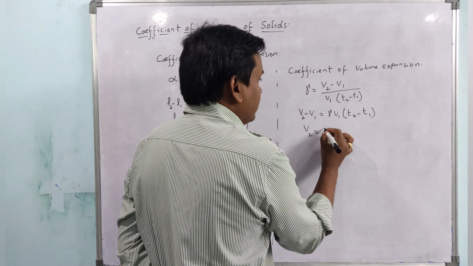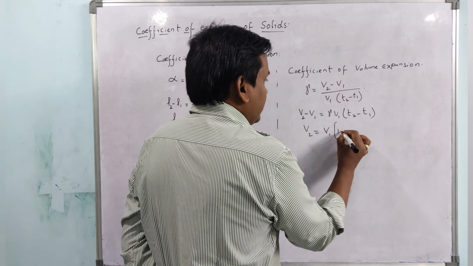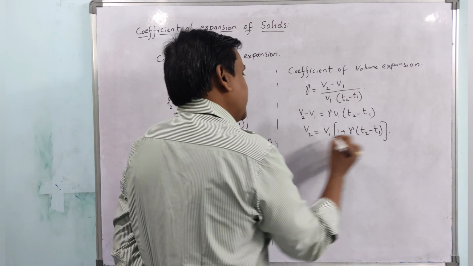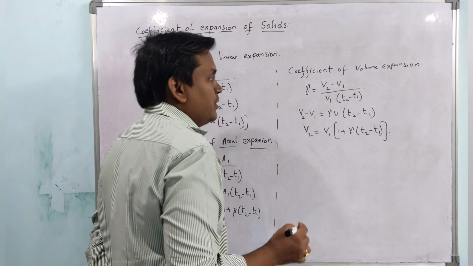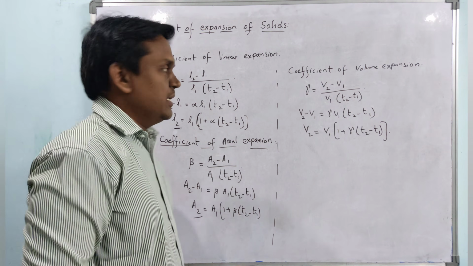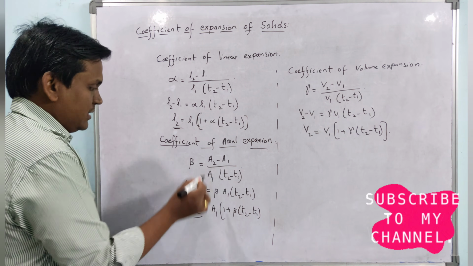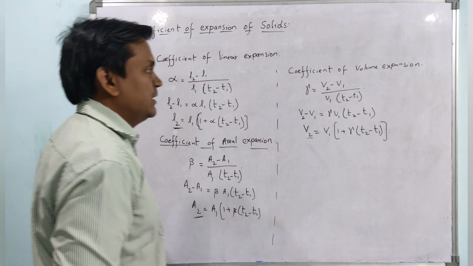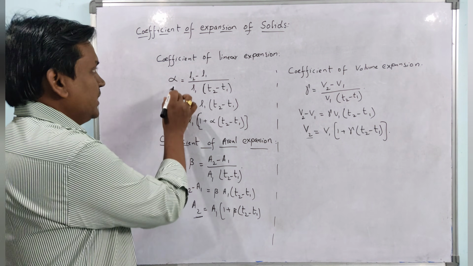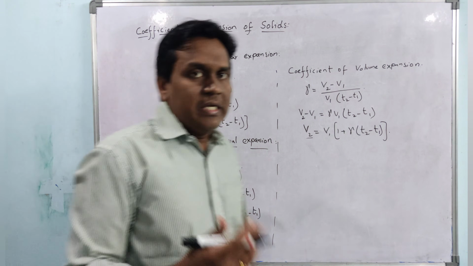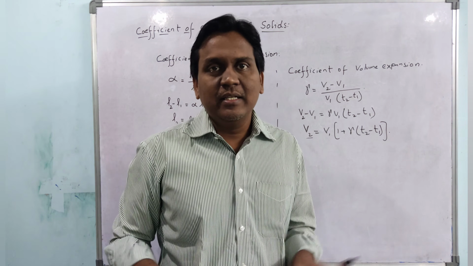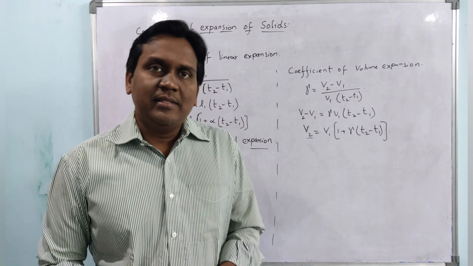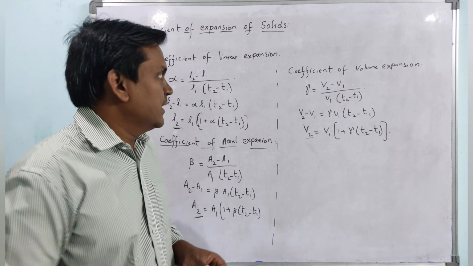And V2 is equal to, if you take V1 common, V1 of 1 plus gamma into T2 minus T1. So this is the final length of the rod, final area of the solid, and final volume of the solid. And one more thing, on heating a material, if the length of the material increases, alpha value will be positive. If the length of the material decreases, alpha value will be negative.